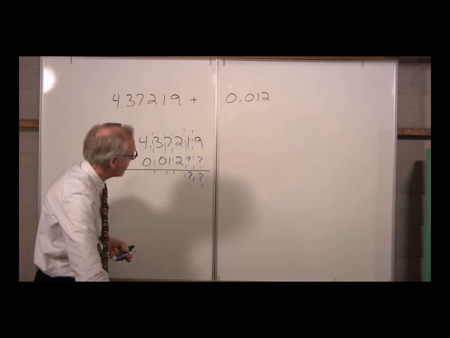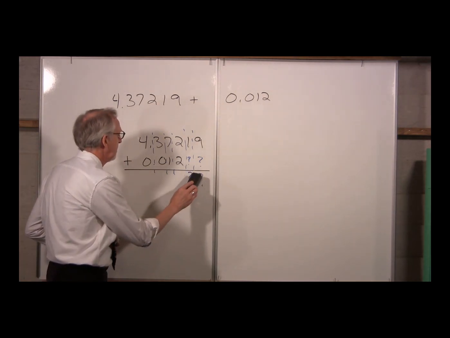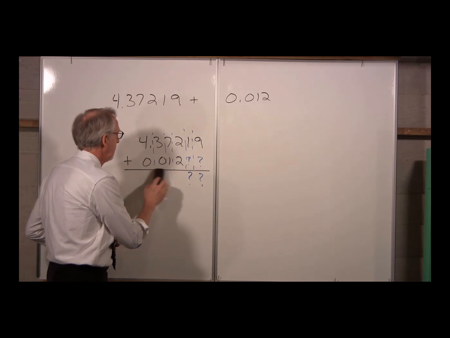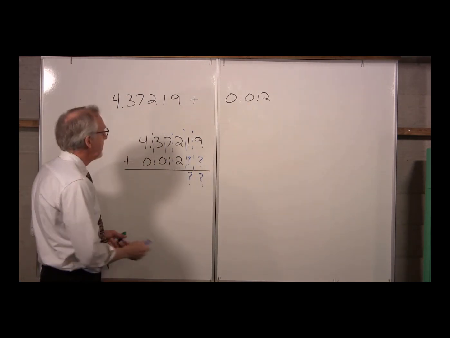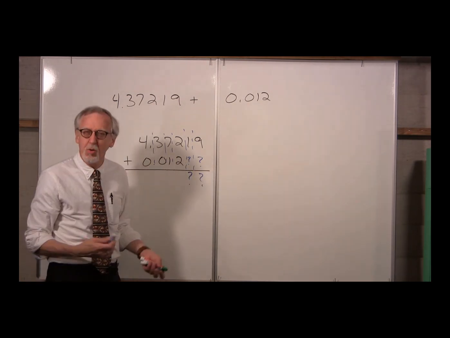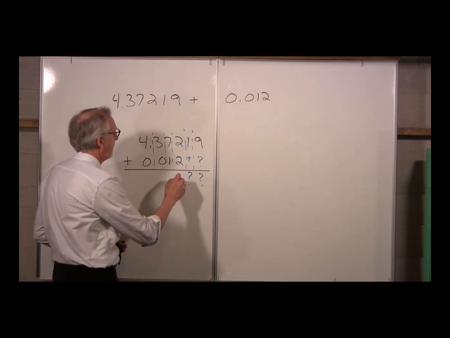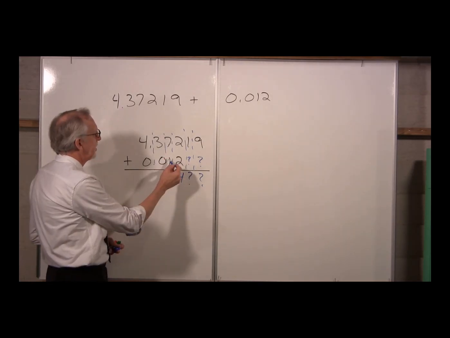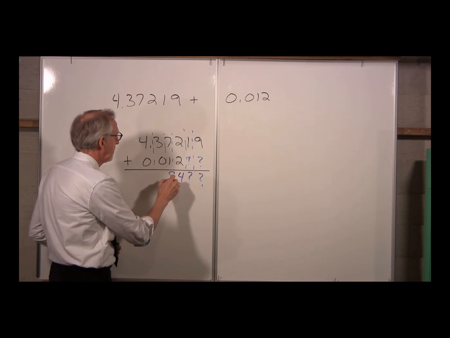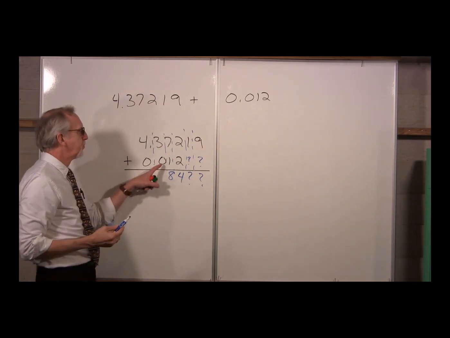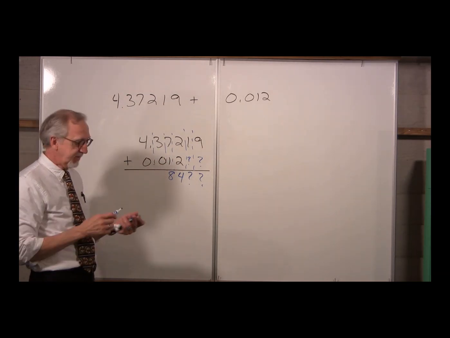And then 2 plus 2. Oh, well, we do know what that is. 2 plus 2 is 4. 7 plus 1. Oh, we know that. 8. 3 plus 0. Now, we do know that that is 0.